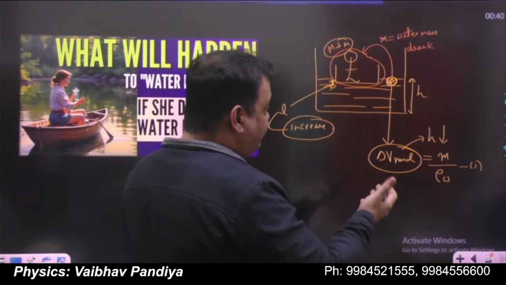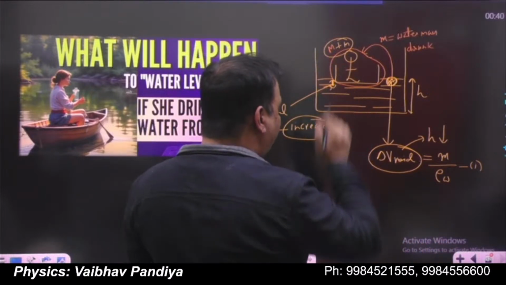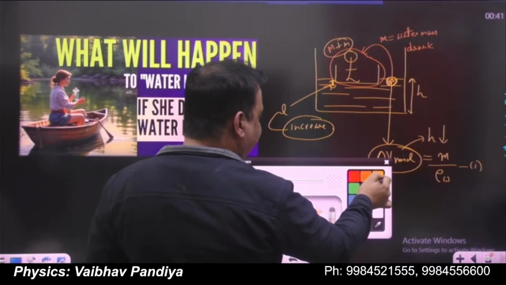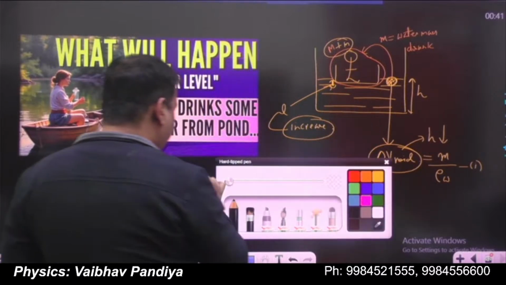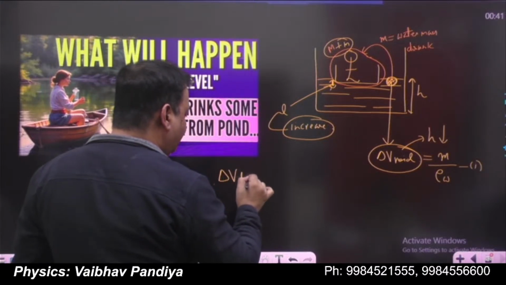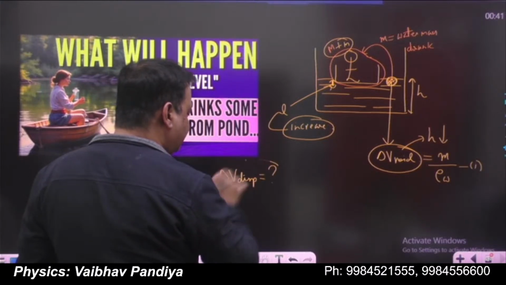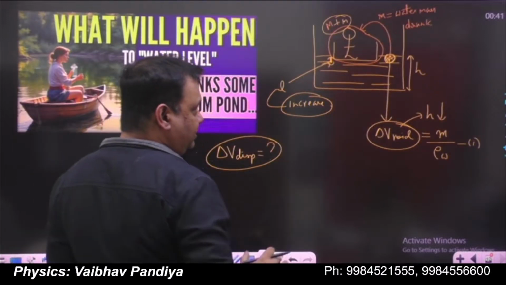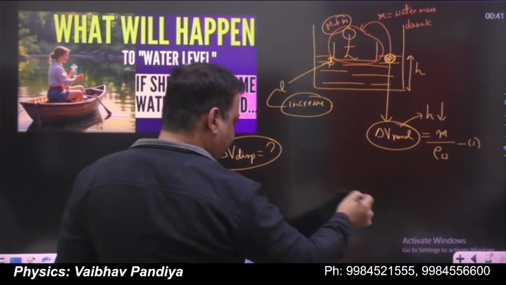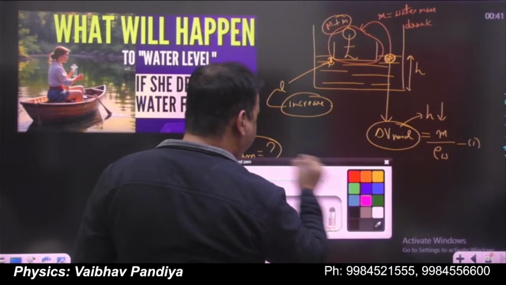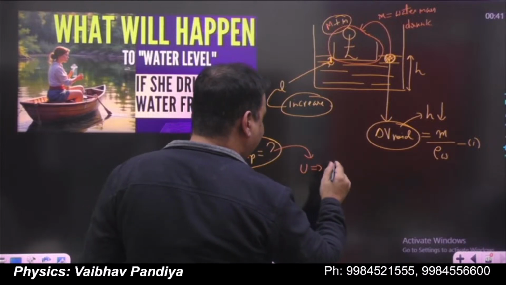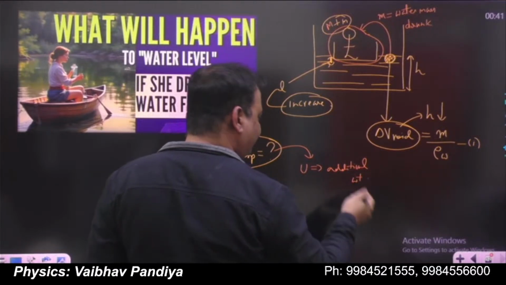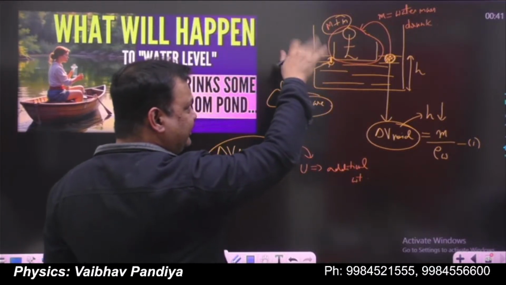So the upthrust will be more to balance this new weight. And so there will be an increment in the volume inside this liquid. So now we have to find what will be the volume of the displaced liquid, correct? This will correspond simply to the upthrust attributing to the additional weight, because earlier also upthrust was balancing the weight of the woman and boat.